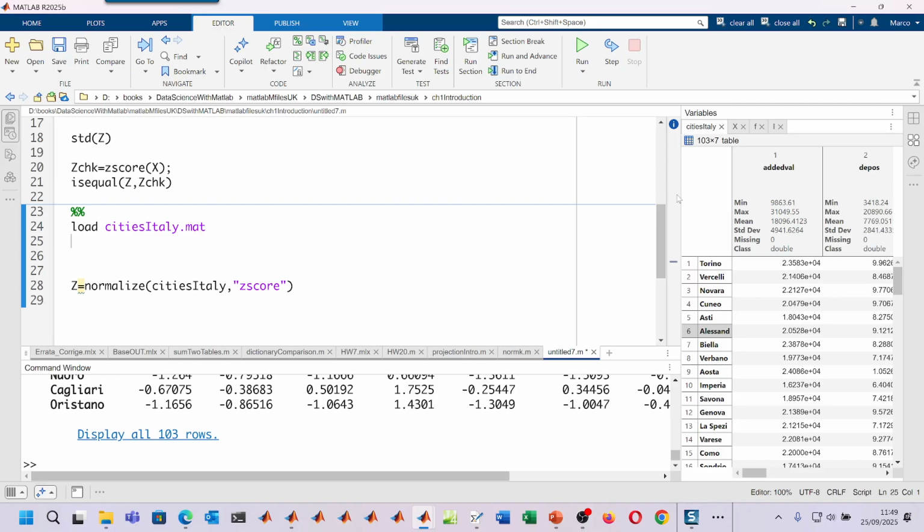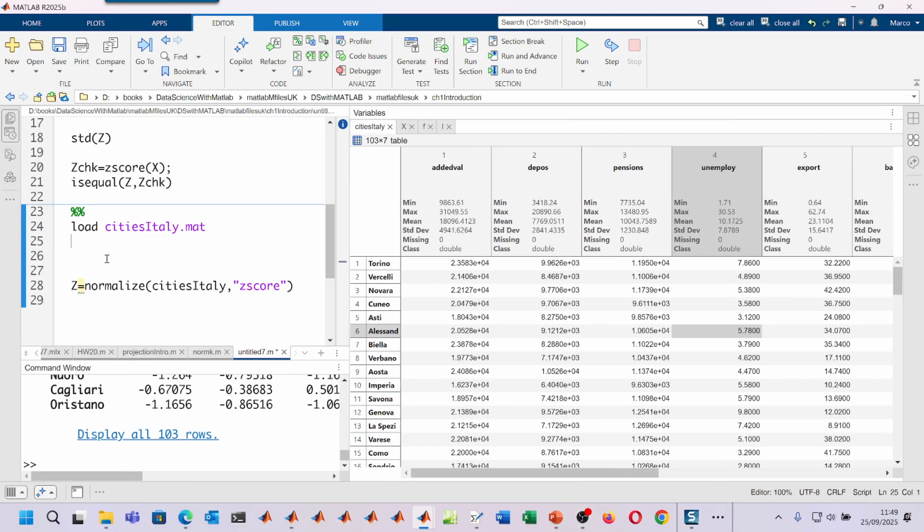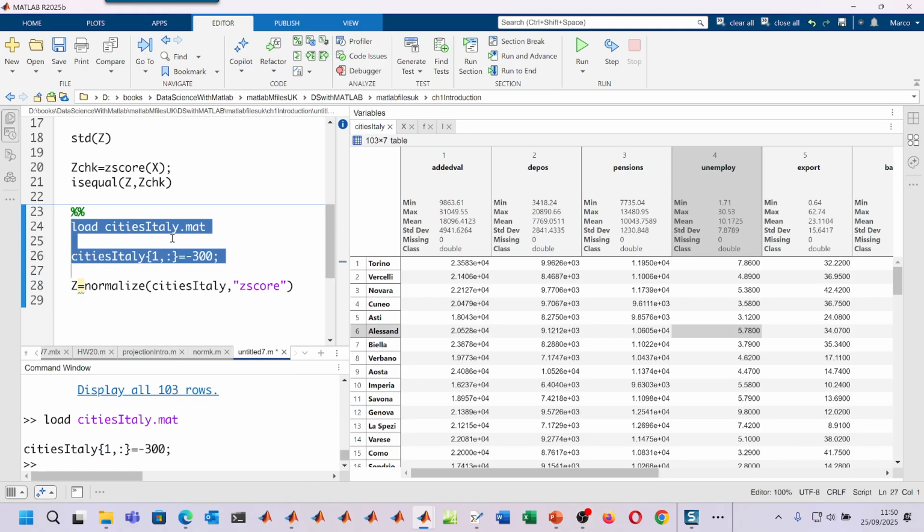Now, let us suppose that you have, for example, a value which is wrong. Cities Italy, let us say that all the elements of the first row are equal to minus 300, something like that. So you have replaced the first row with minus 300.